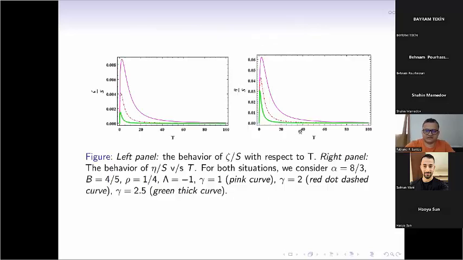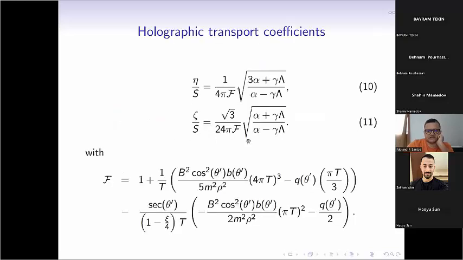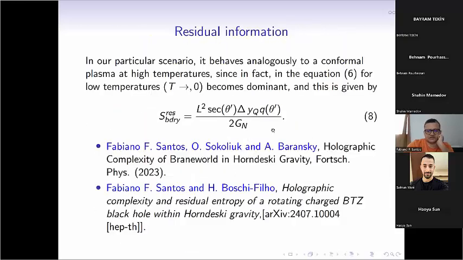That is the idea. Okay, when we increase the temperature, we see that, in fact, these two transport coefficients go to zero, right? But when we decrease the temperature, we see this behavior here. And this behavior here is doing this thing, right?